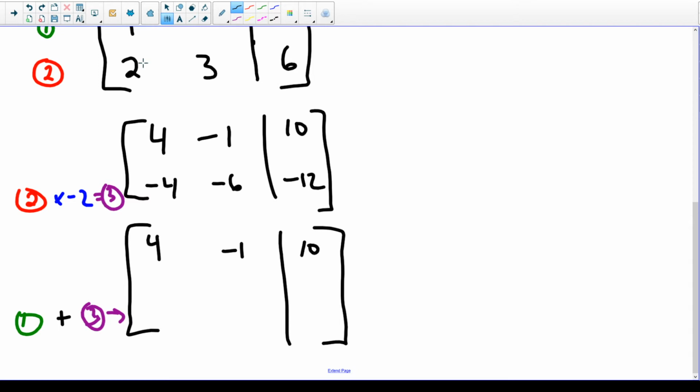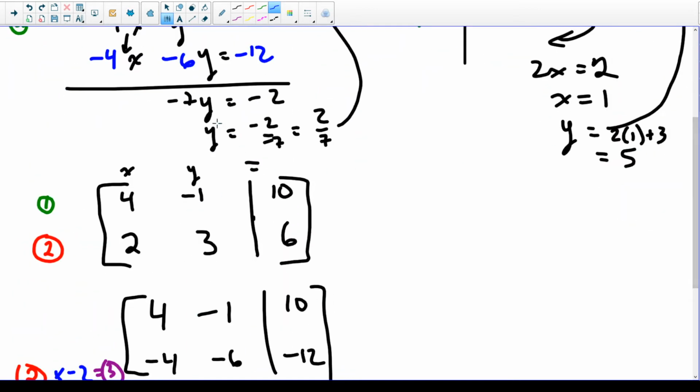But when I add equation 1, which is 4, plus equation 3, which is negative 4, I put the answer in this position. That becomes 0. So I'm basically just adding down each column here. Negative 1 plus negative 6 is negative 7. 10 plus negative 12 is negative 2. Now you might be able to see that this negative 7 and this negative 2 are the exact same numbers we got here and here.